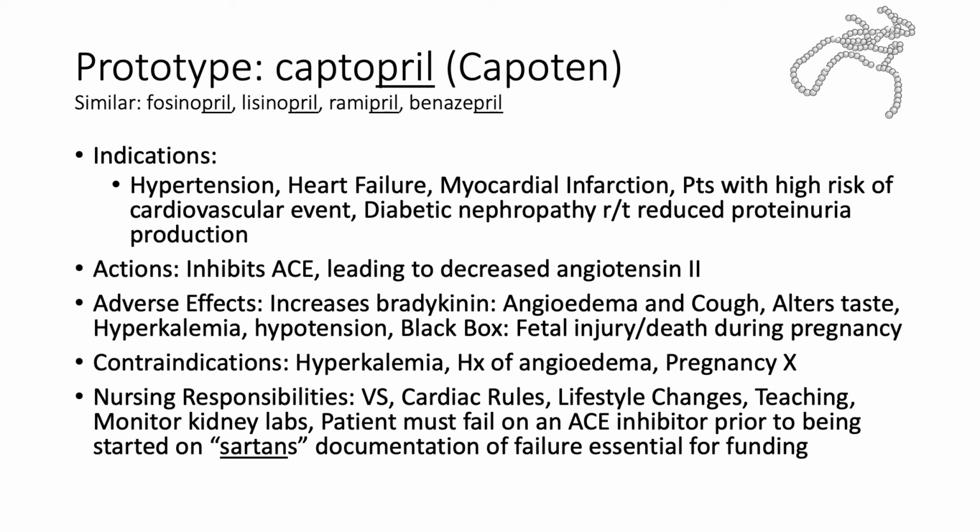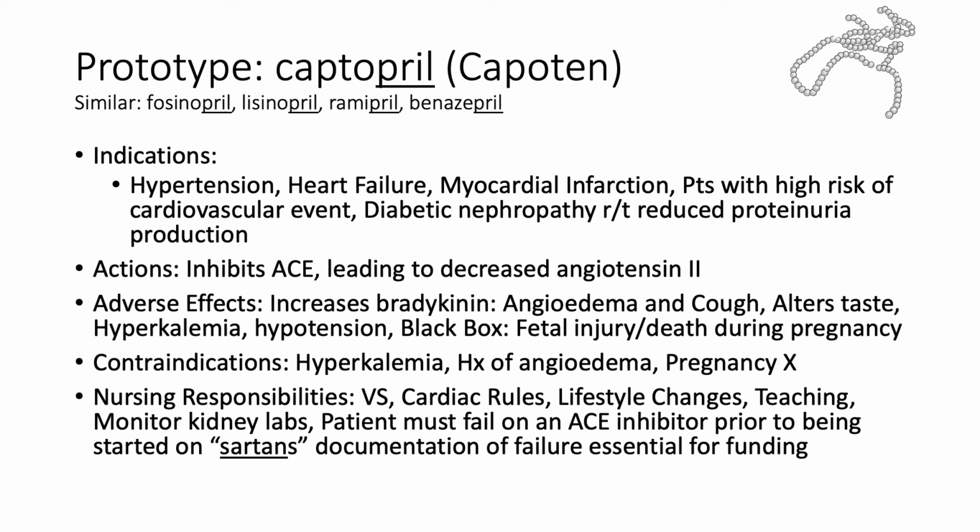Okay, so let's start with a drug called captopril. And there's quite a few ACE inhibitors. This is an ACE inhibitor, so an angiotensin converting enzyme inhibitor. And because this group is a popular group to prescribe for a number of conditions, there's many drugs in this group.